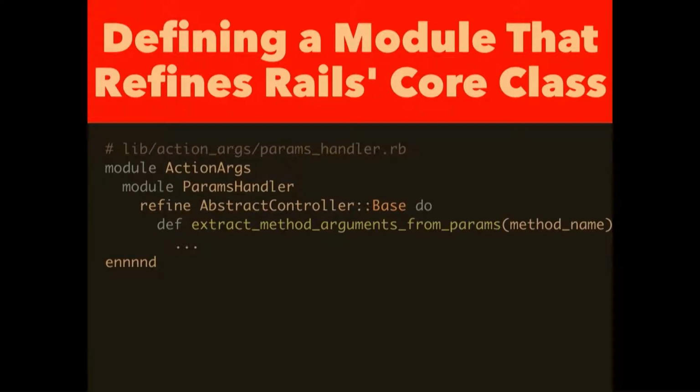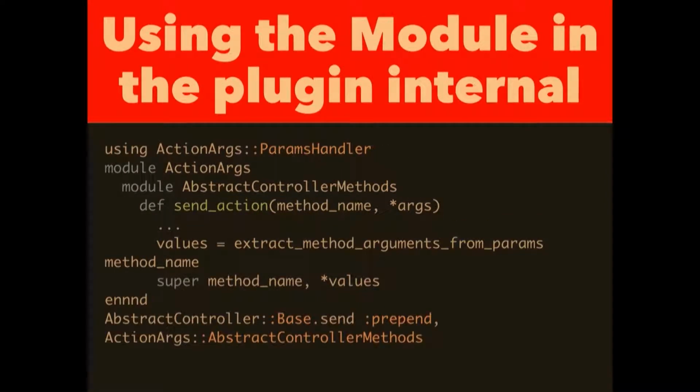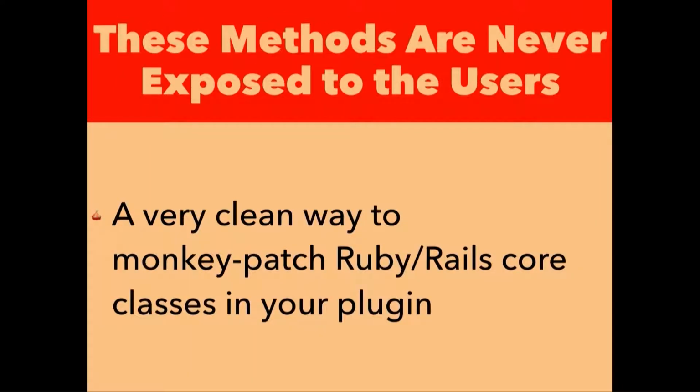This adds some weird methods to ActionController::Base from Rails, like extract method arguments from params, and it's used inside the plugin by using the using method. But this weird method will never be exposed to the users. So it keeps the whole Rails world very clean, right?